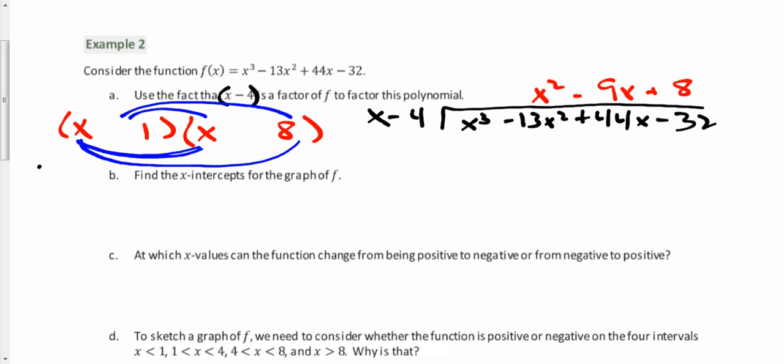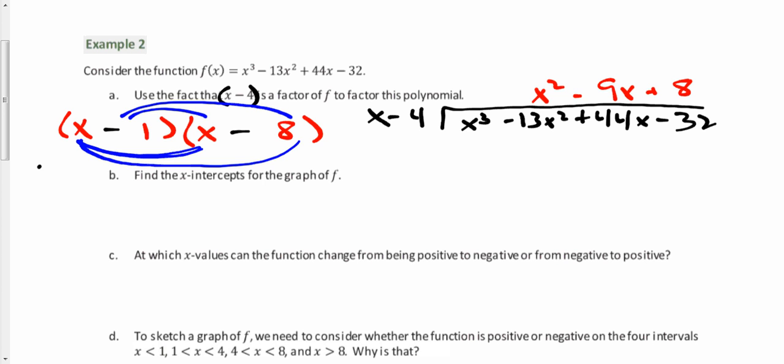But this middle number is negative. Can I add two positive numbers together to give me a negative? No. So both of these must be negative. So I got x minus 1 and x minus 8.